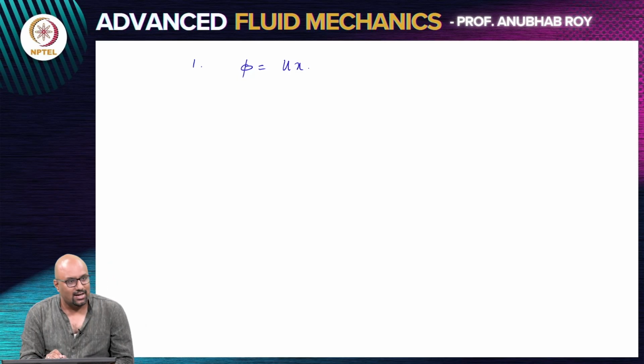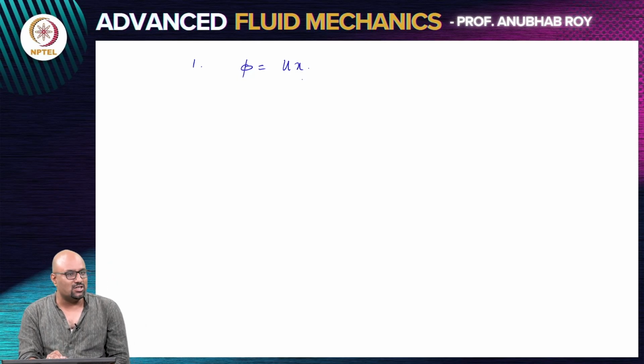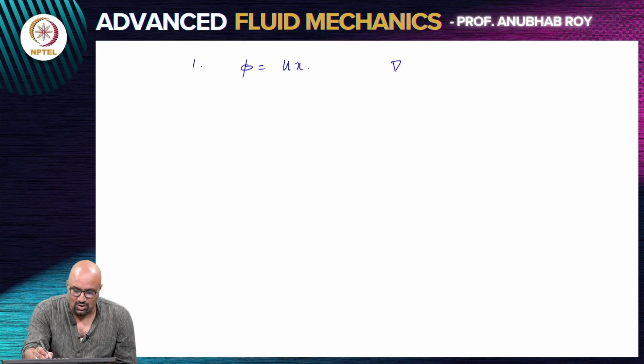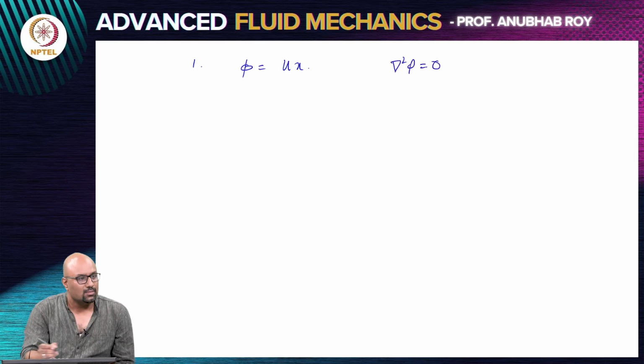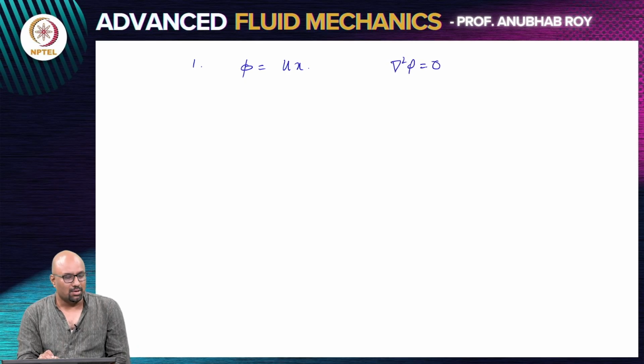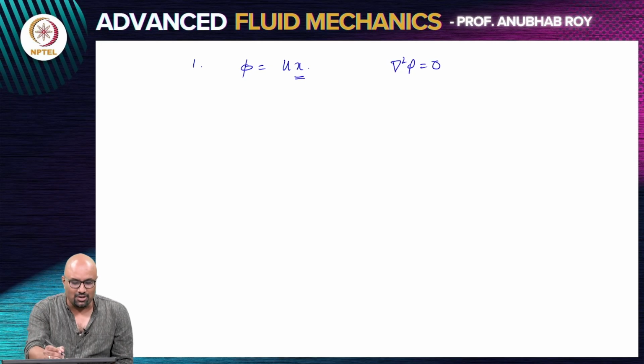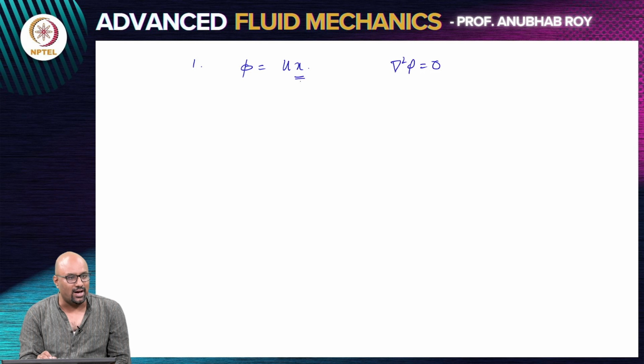As you can check, any linear function of the spatial coordinate is a solution of del square phi equal to 0, right, because it is a second derivative. So, a linear function of the Cartesian coordinate x, y or z will always solve this equation.